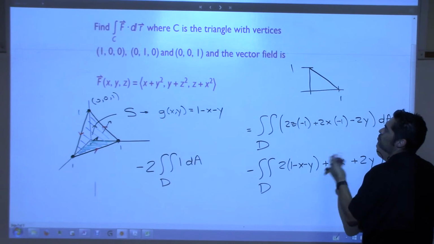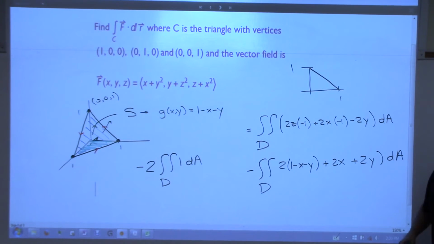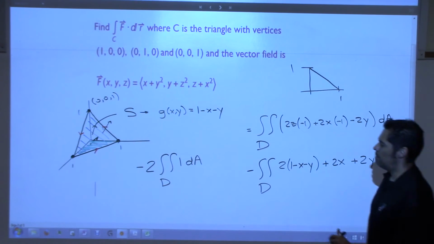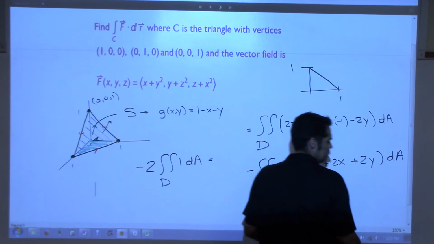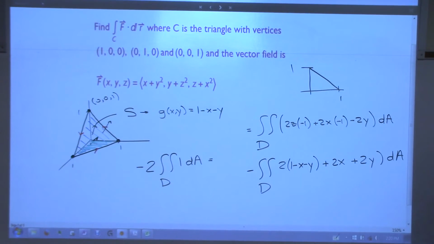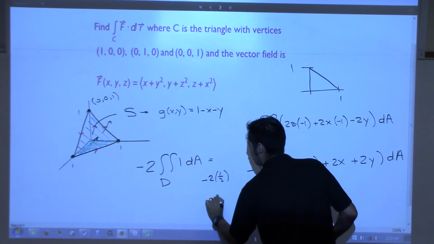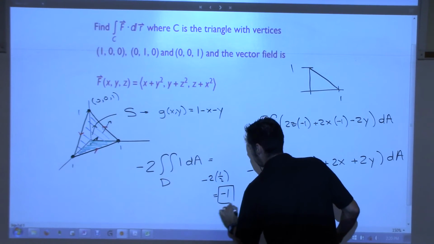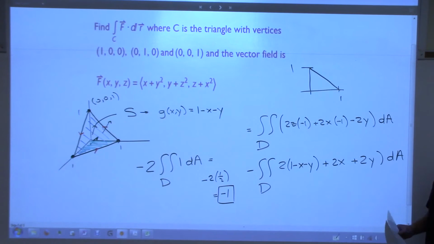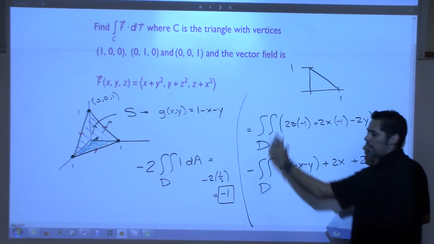The area of that is 1/2 base times height, so that would have just been 1/2, times negative 2. So the answer is negative 2 times 1/2, which is negative 1. Understand?